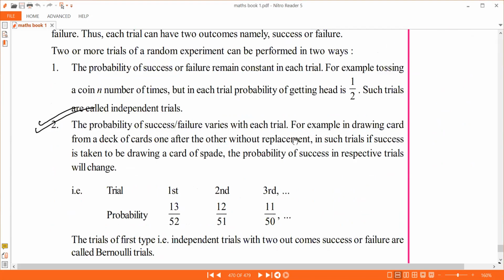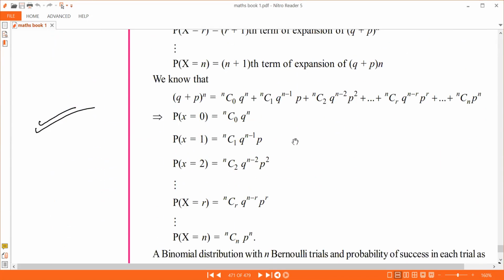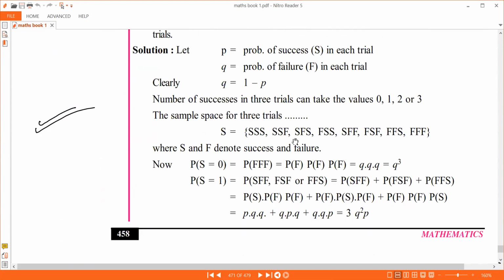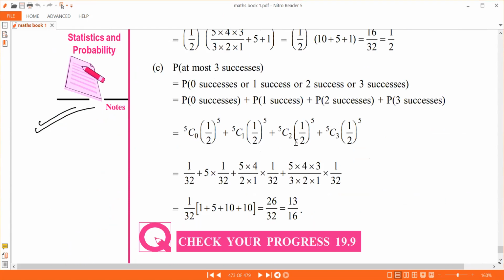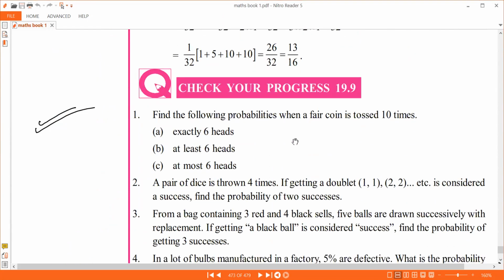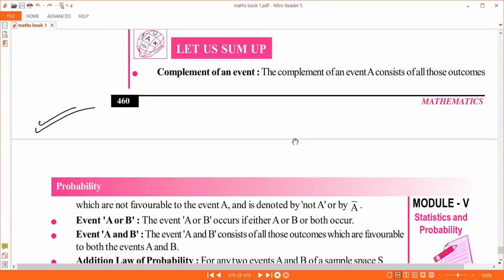Bernoulli trials, binomial distribution is there, and then it is followed by... this is way too much actually for you. NCERT first year and second year portions, both are clubbed together and given to you, and that's the final thing. And then when you do that, your chapter is finished. It's a huge one.